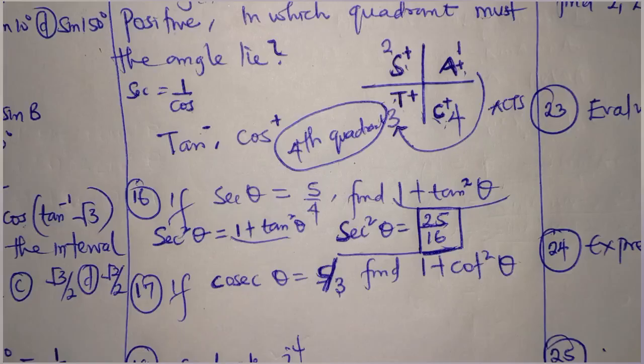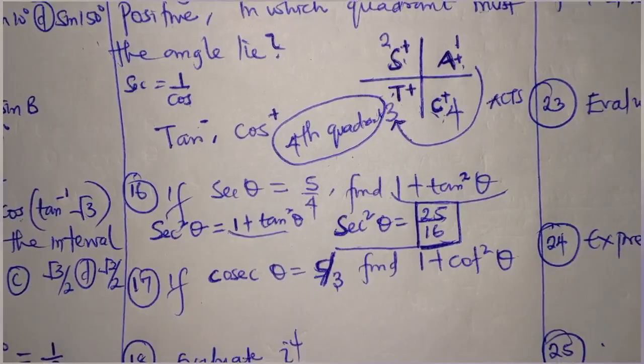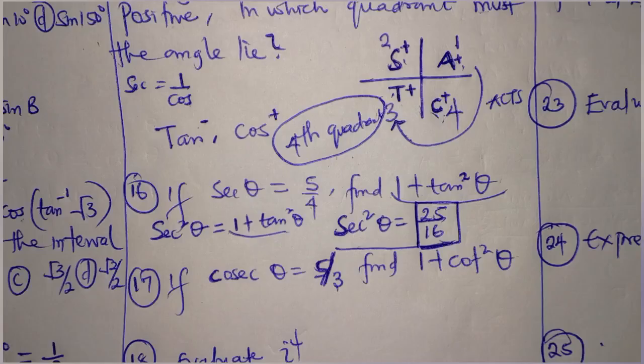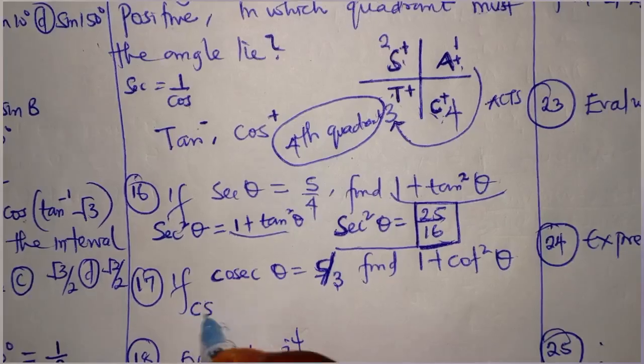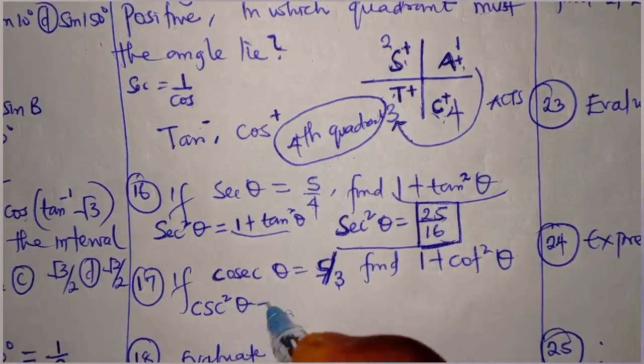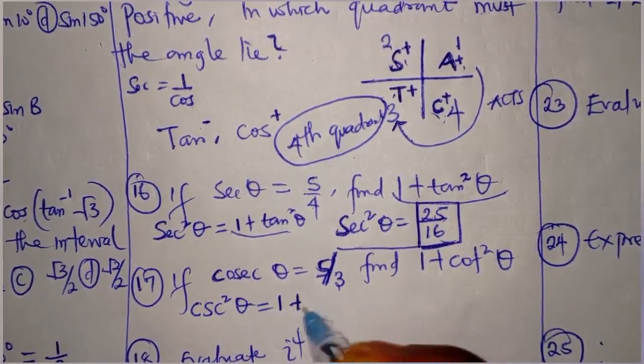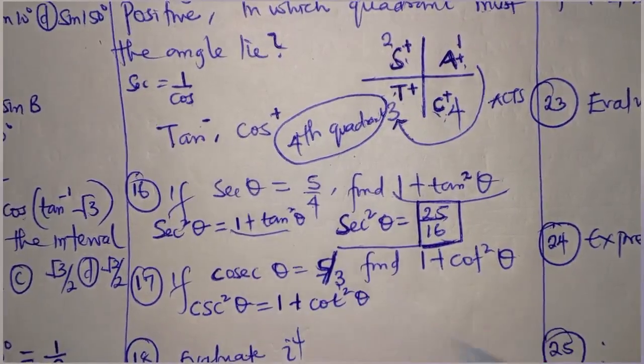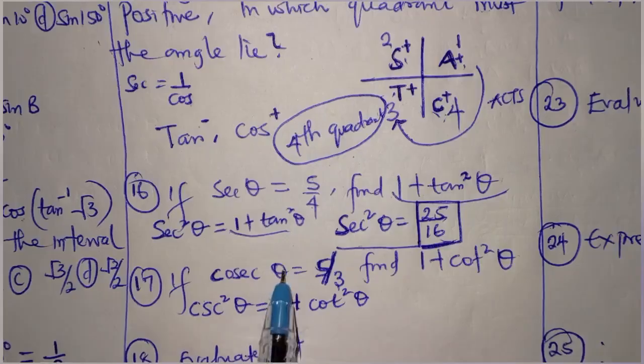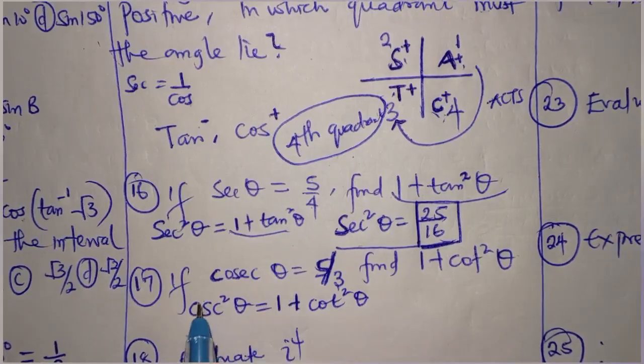Alright? Question 17 is a similar question. If cosec theta is 5 over 3, we have to find 1 plus cot squared theta. Remember we established earlier also that cosec squared theta is 1 plus cot squared theta. But we are only given cosec theta and not the square of cosec theta.